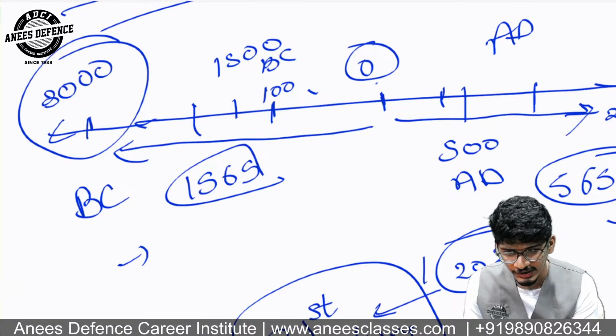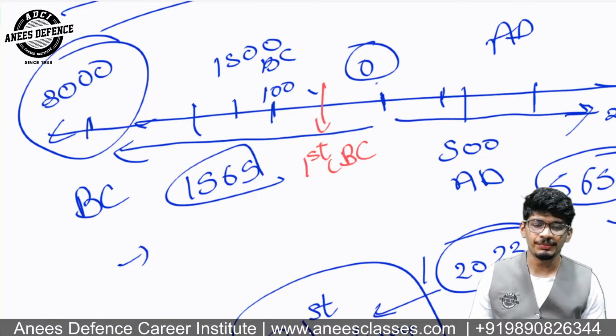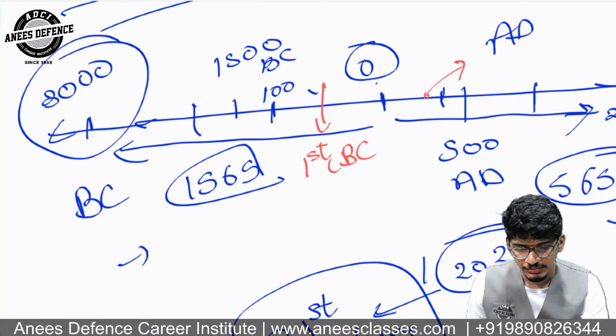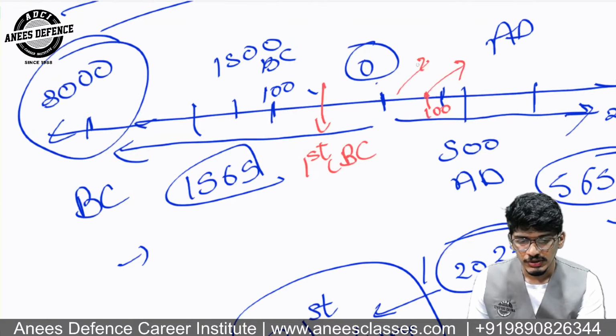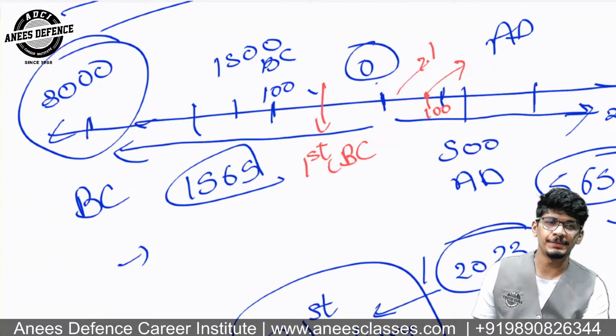You will have to count this as the 1st century BC. Here, from 0 to 100, you will not count the 0th century, you will count the 1st century. So 0 to 100 will be counted as the 1st century AD.